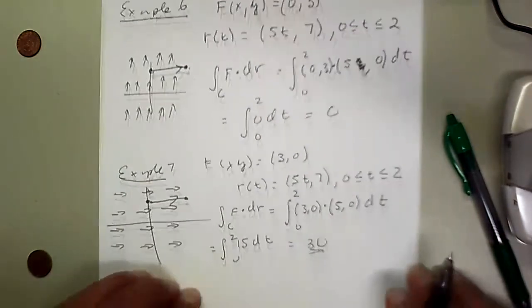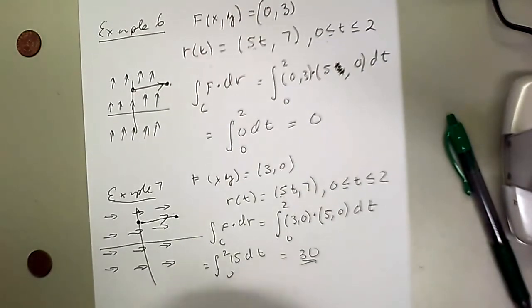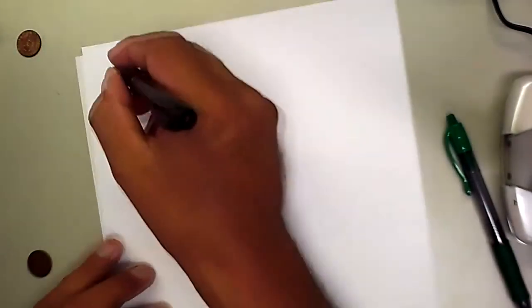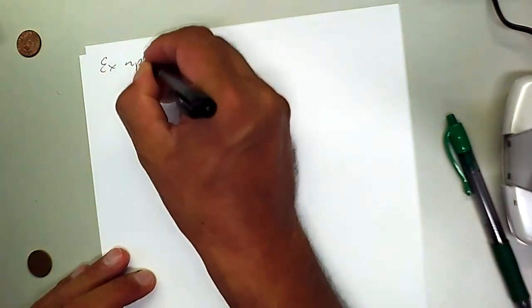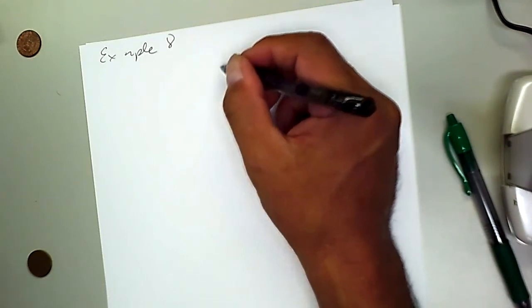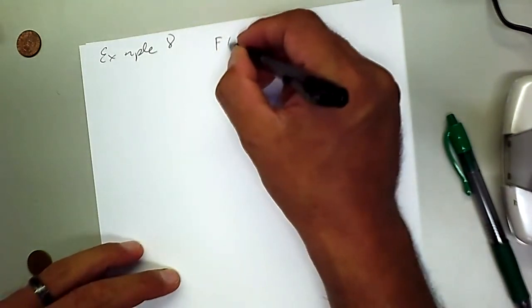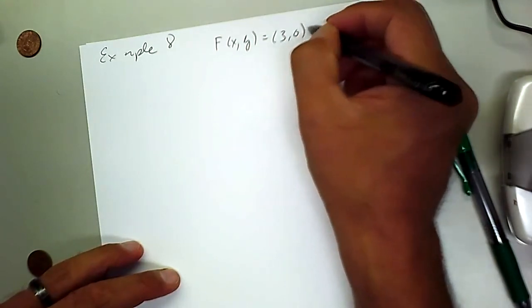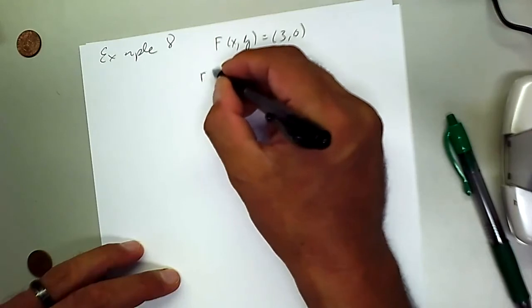That's going to be example 8. I'm just looking through my pages. So page 7. All right. Example 8. So the vector field will be the same, <3, 0>. The path, we're going to change it.